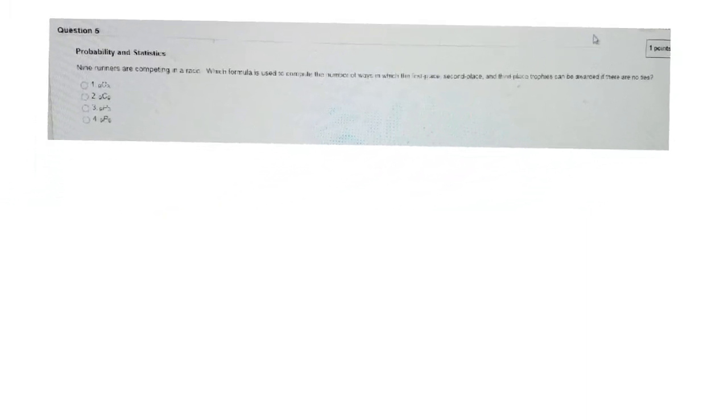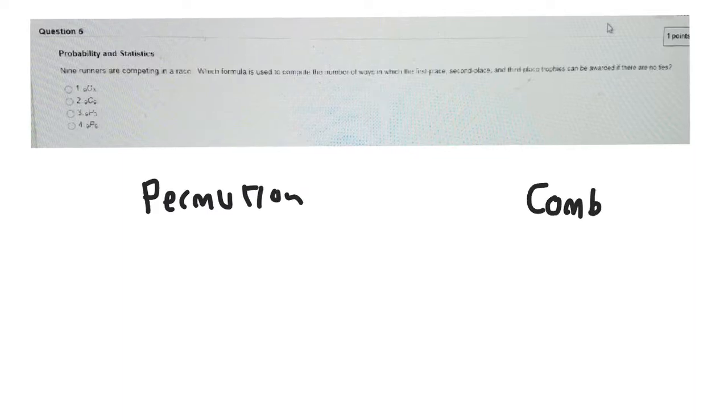First place, second place, and third place trophies, also known as gold medal, silver medal, bronze medal scenarios, is a classic permutation scenario where the order does indeed matter. When the order matters, it's a permutation. When the order does not matter, it is a combination.